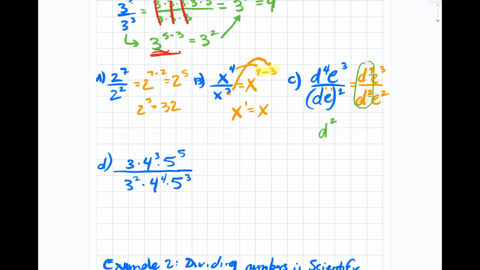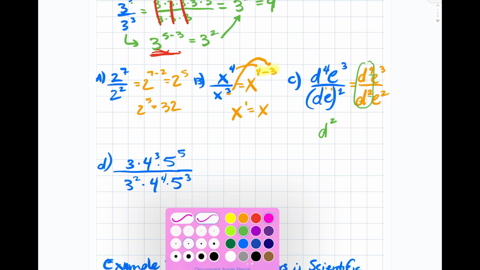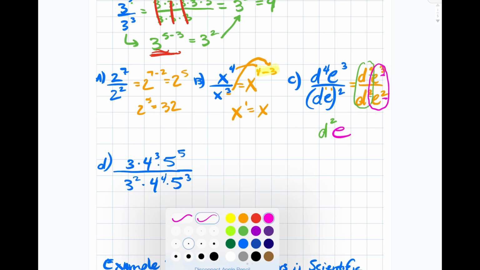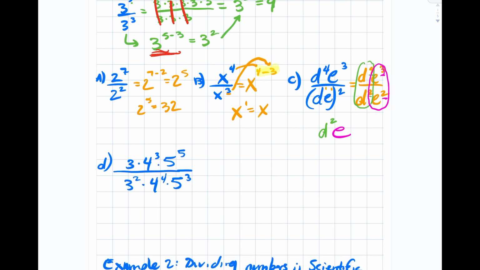We also have more E's: 3 on the top and 2 on the bottom, which leaves an E left over on the top. Since there's nothing left over after that, this is our answer.